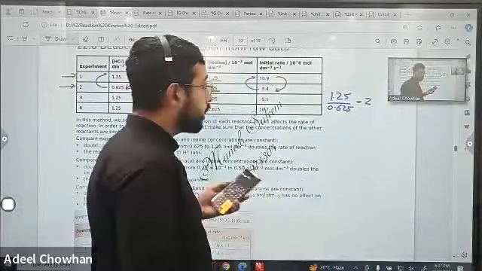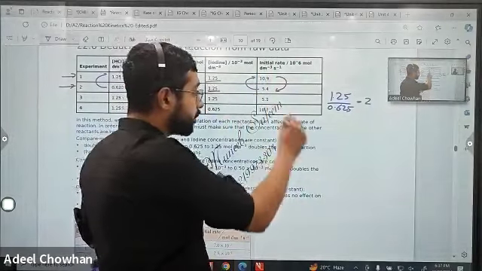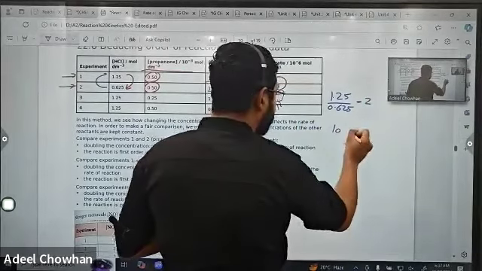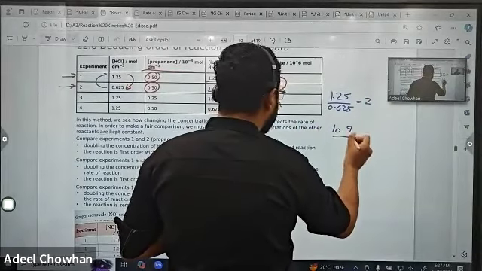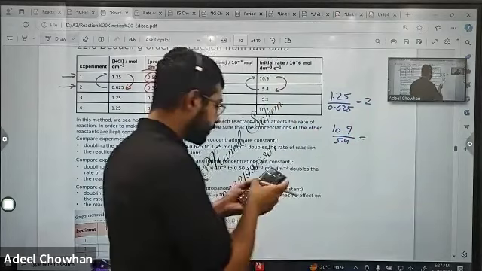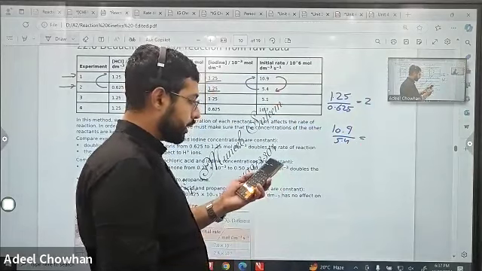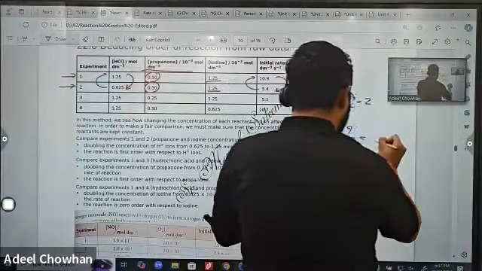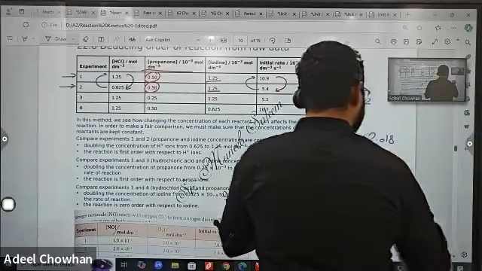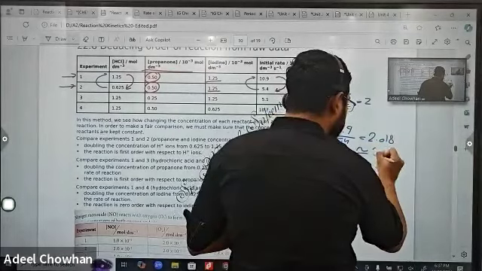Okay. Now I have to apply the same calculation on the rate of the reaction, which means I will take the larger value in the numerator, 10.9 divided by 5.4. It gives me a value of 2.018, which is again approximately equal to 2.